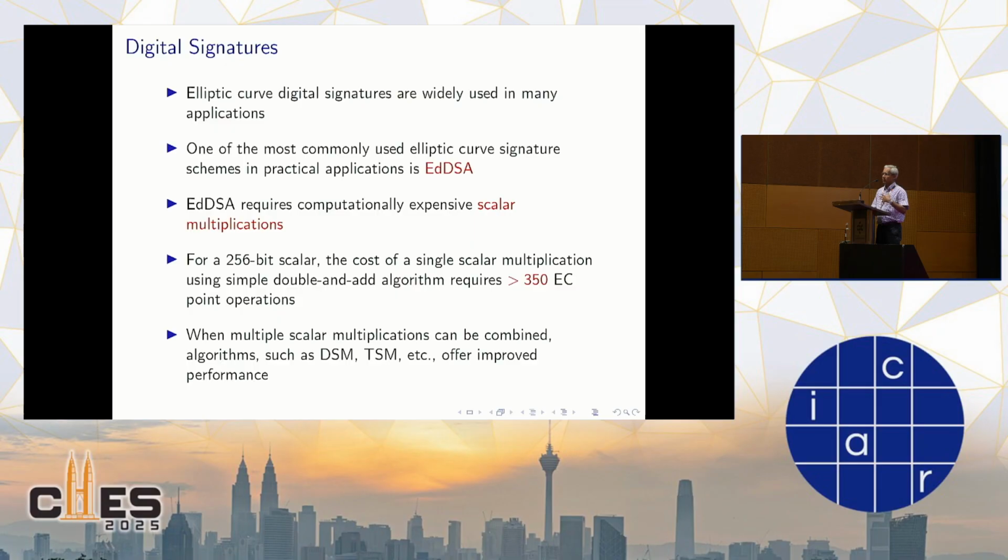When we have more scalar multiplications, something we can find in batch signature verification, then we can use the Bos-Coster algorithm. And if we have even more scalar multiplications to deal with together, then an algorithm like the Pippenger method could be very, very useful.